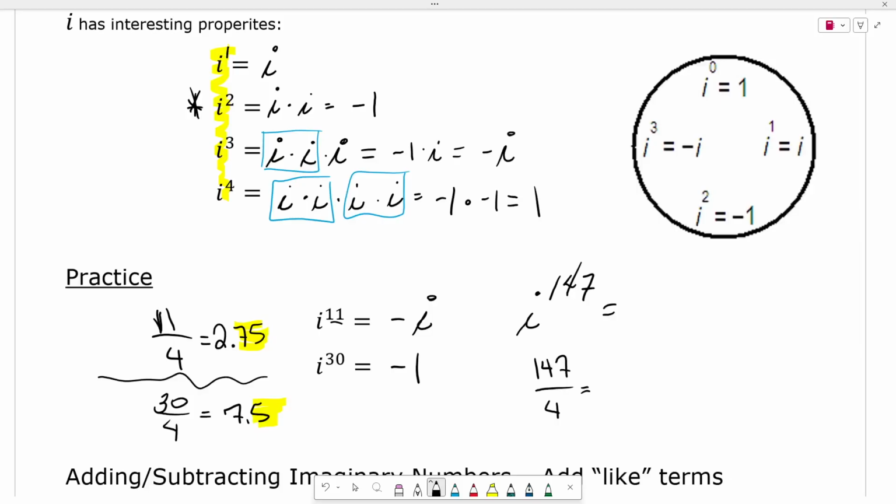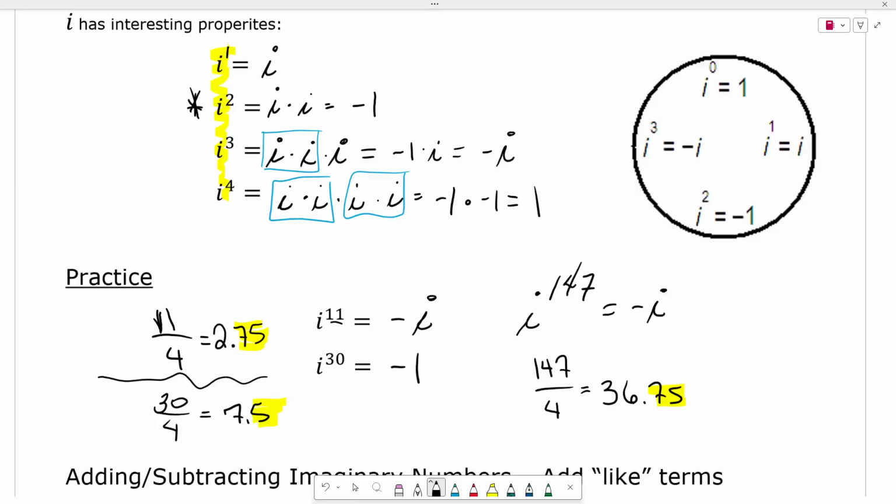I can get out a calculator and punch that in, and I see that it's 36.75. The 0.75 would be 75 cents, 3 quarters. 3 quarters is -i. Does that make sense? Whatever the exponent is, we divide it by 4 and look to see what the remainder is.